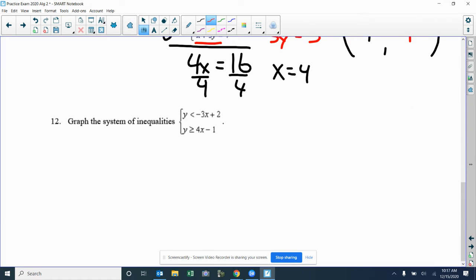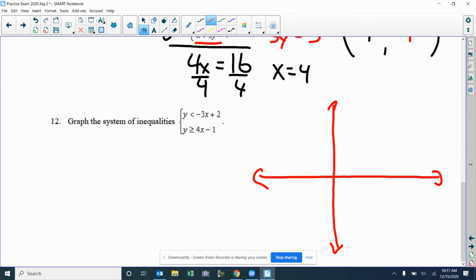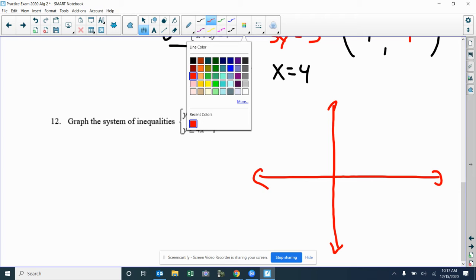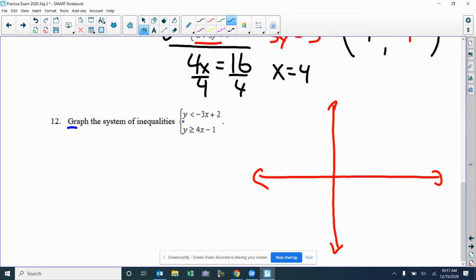Next is system of inequalities. We're going to need a Cartesian graph here. We're going to try to find the true side of these. So we'll go with blue for this first one right here. Now I've already set them up pretty easily. They're already y = mx + b, aren't they? Which helps.